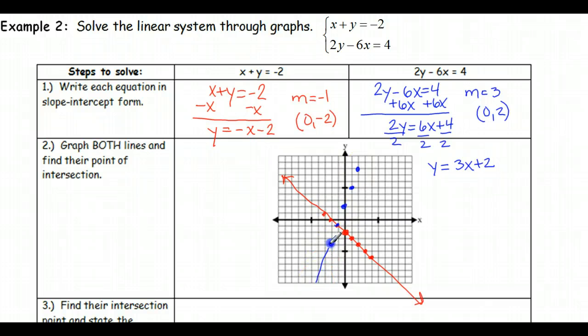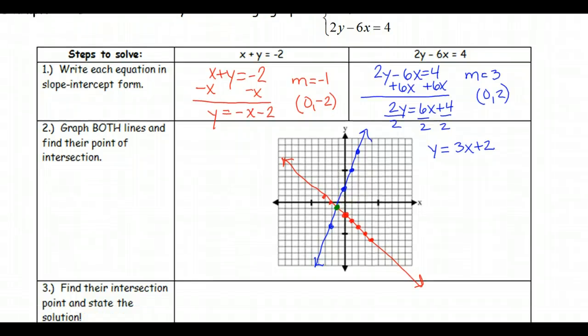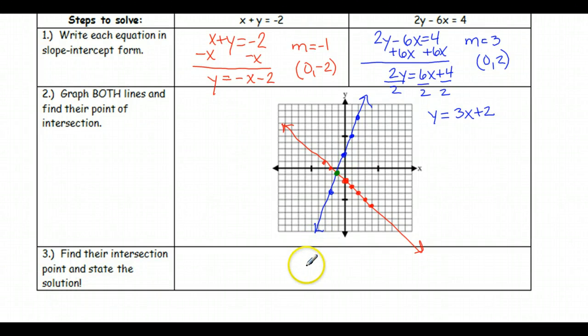Now again, we don't have to go any further because hopefully you can see where the 2 points intersect. And that point of intersection would be -1, -1. So the solution to this system is -1, -1. All right, let's go ahead on to the next example.